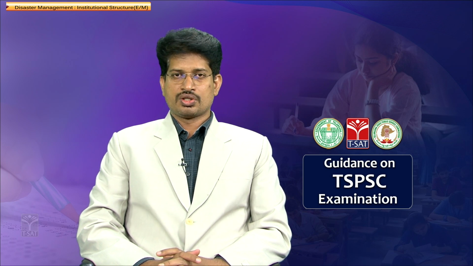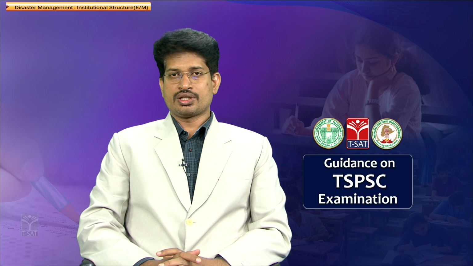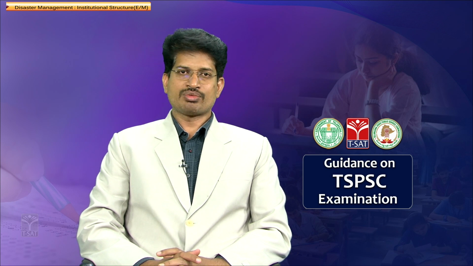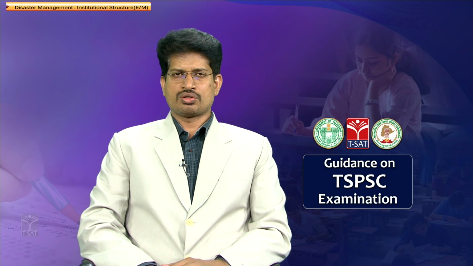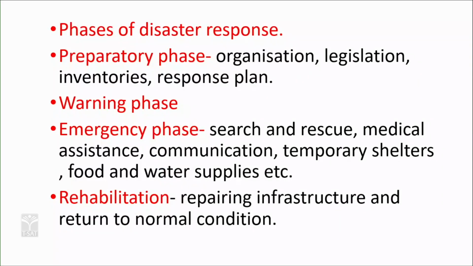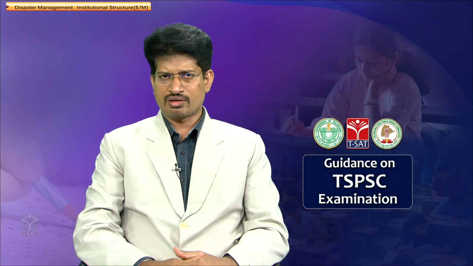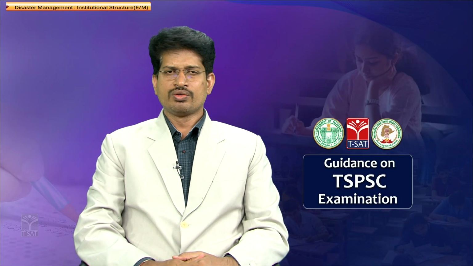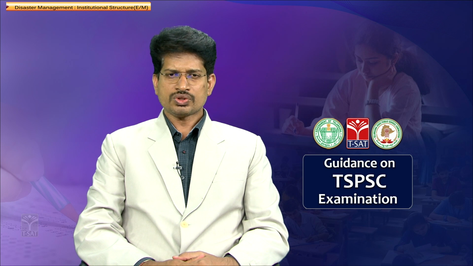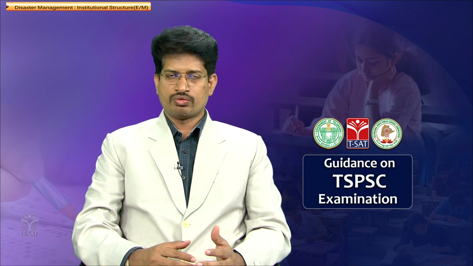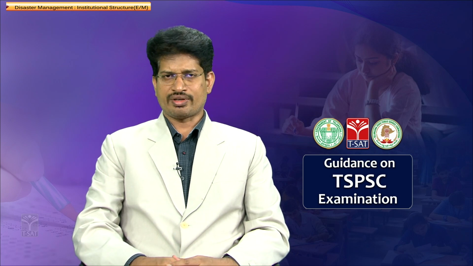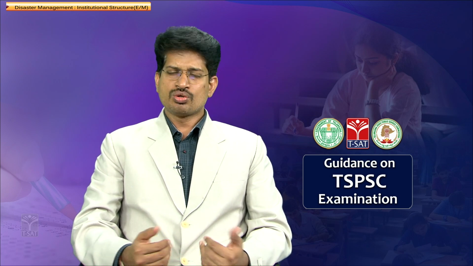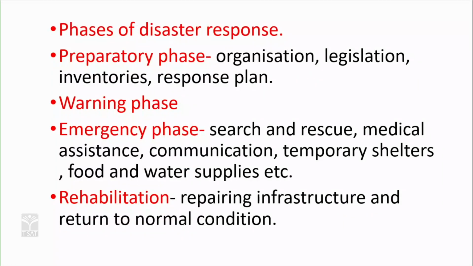Emergency phase. Certain actions need to be taken after the occurrence of the disaster. For example, search and rescue operation. When communication is available to you, you know the location where the disaster has happened, and you conduct search and rescue where people are stuck in an earthquake or a cyclone, etc. You will be able to identify and rescue them so that loss of life can be prevented.